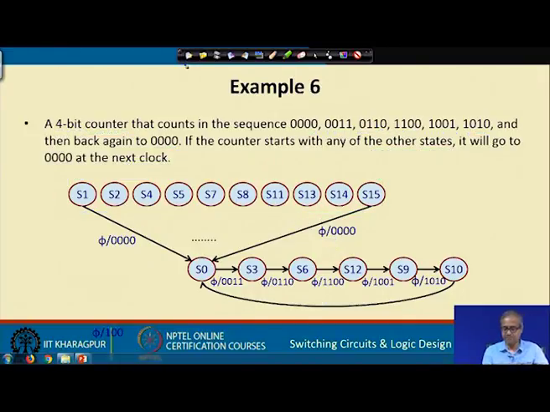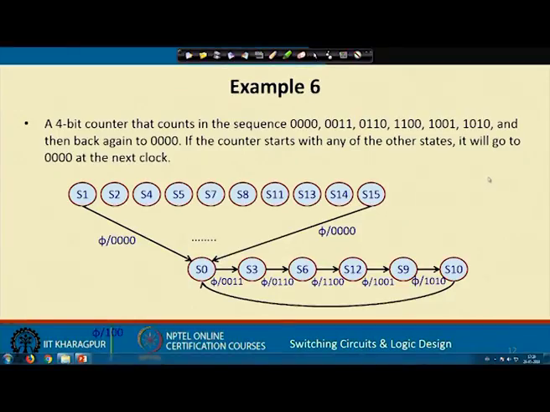So, if we have a specification like this, from there you can also construct the state table in the same way, and from the state table you will be moving into the next step. Here we have looked at a number of examples for constructing the state tables and the state diagrams. Now, with this we come to the end of this lecture.